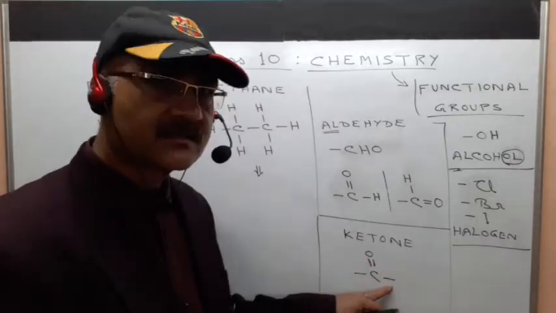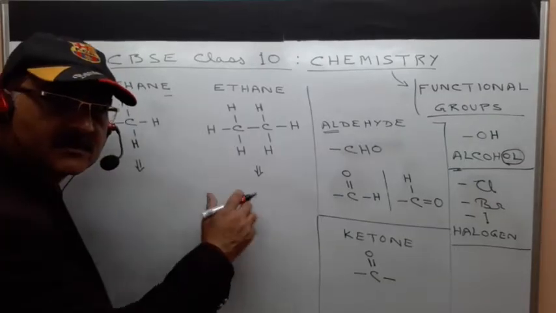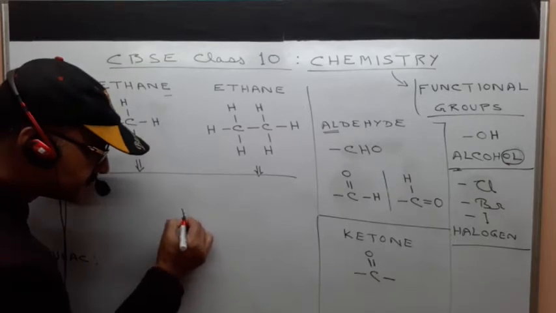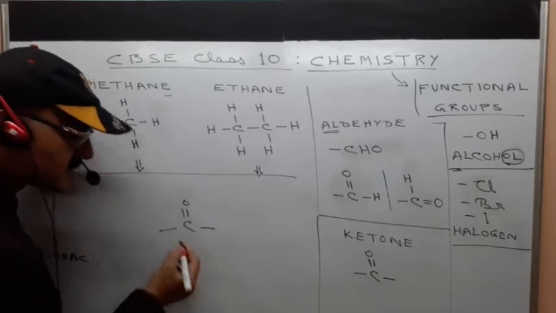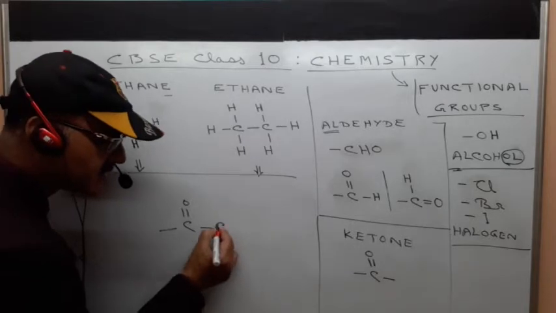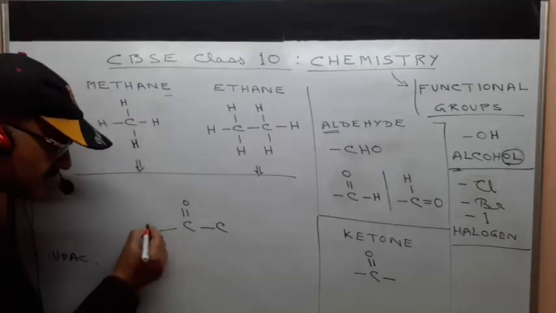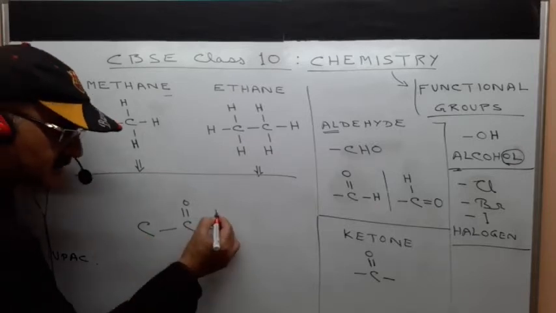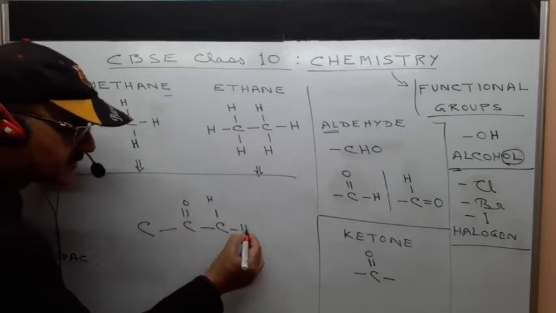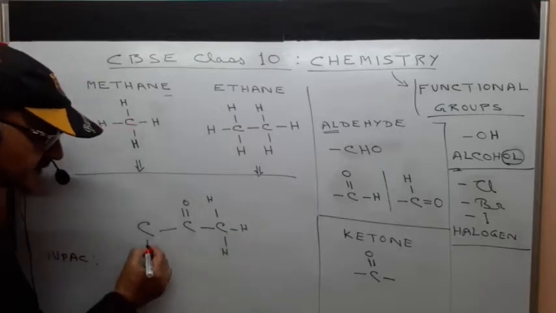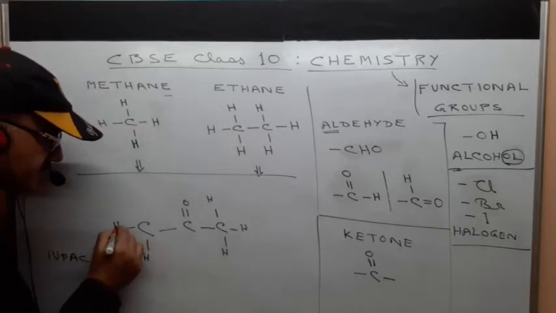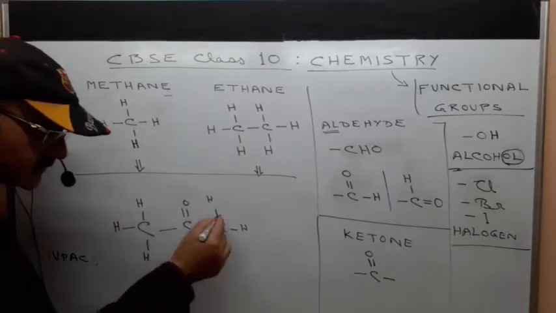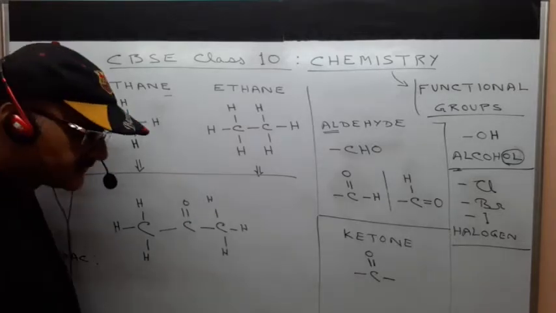Now you see this ketone, this carbon has to combine with another carbon atom, and on this side also it has to combine with another carbon atom. Then this carbon can have hydrogen here, this can have hydrogen here. So this is 4, this is 4, this is 4, all valence is satisfied.